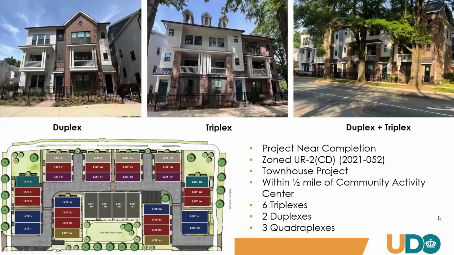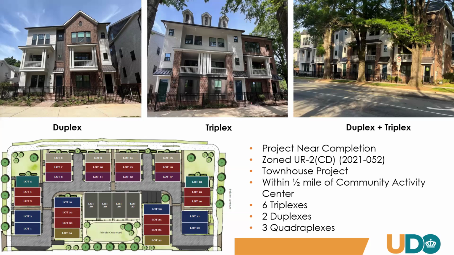Next slide. This project is really interesting. It's proximate to a center, in an area where we would probably see a little bit of transition. It's on an arterial. It is a duplex and triplex development that for all intents and purposes looks like a townhouse project.